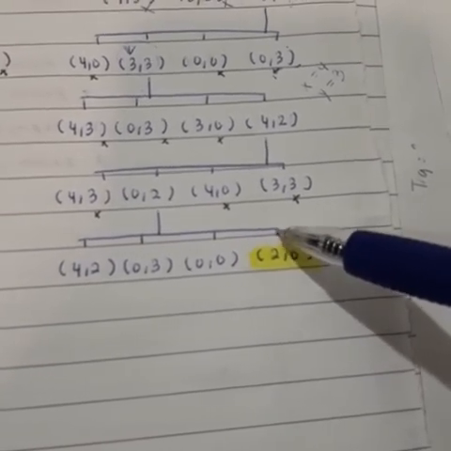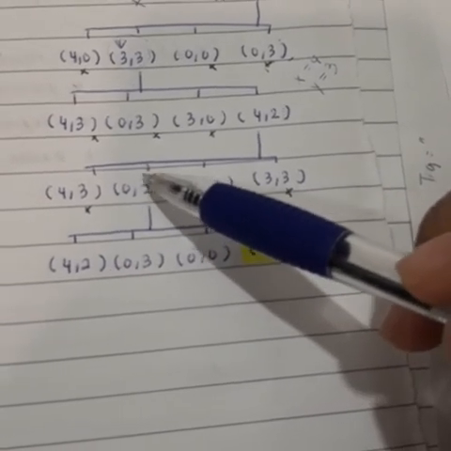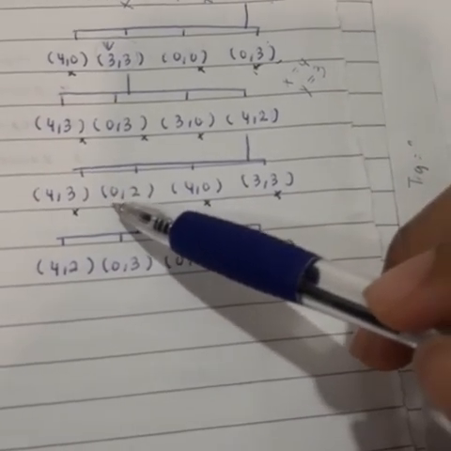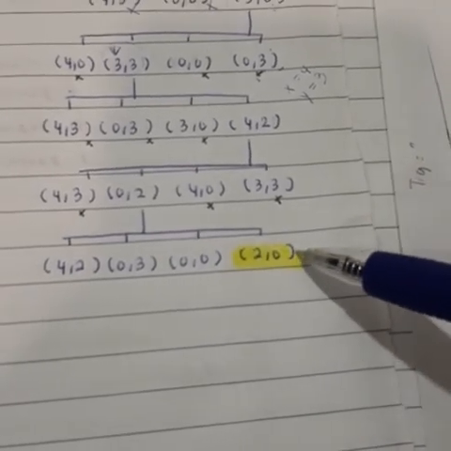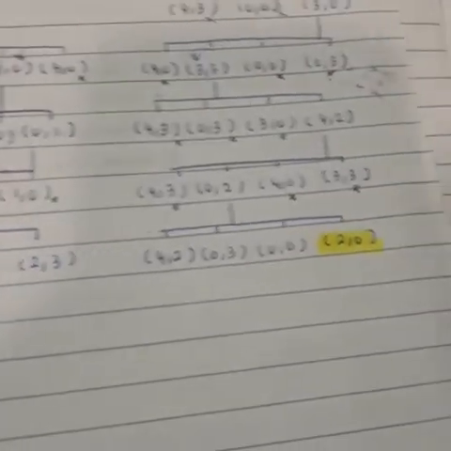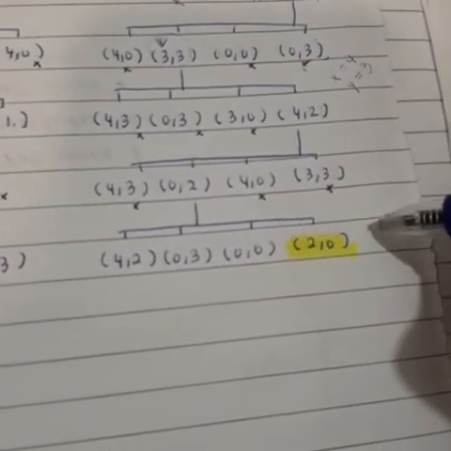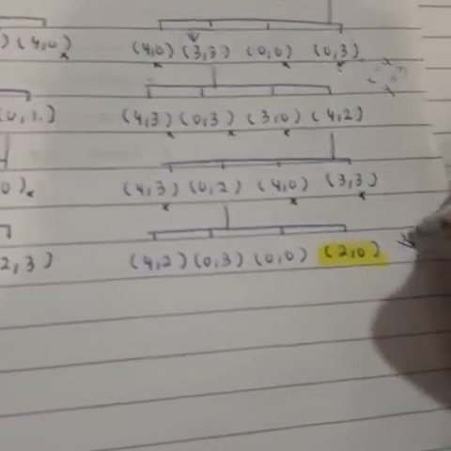When we transfer, we have to transfer from y to x, because x has no value there. So when we transfer, we get 2, 0. Okay, as you can see, our goal state is 2, 0. So we have found our 2, 0.